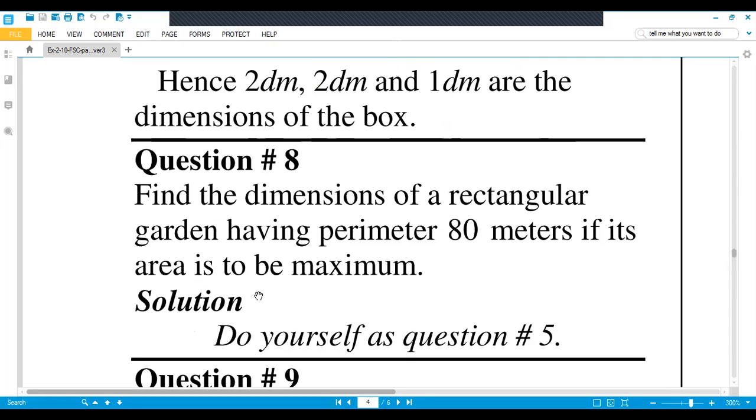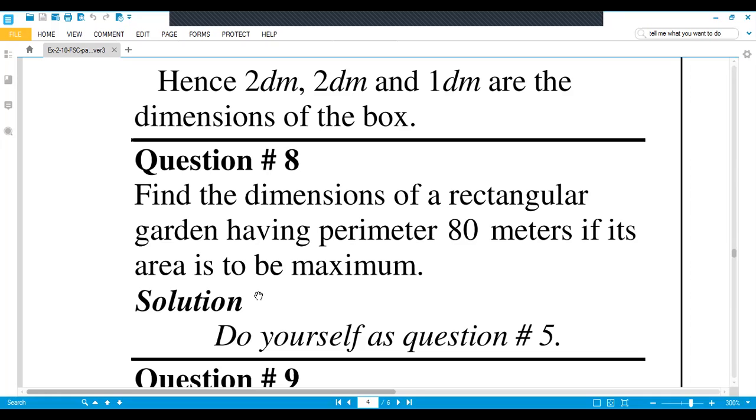Look, the rectangle perimeter means 2 multiplied by (x plus y), and its area is to be maximum. Area is equal to x into y. So from the perimeter you find the value of x or y, and then you put it in the area.